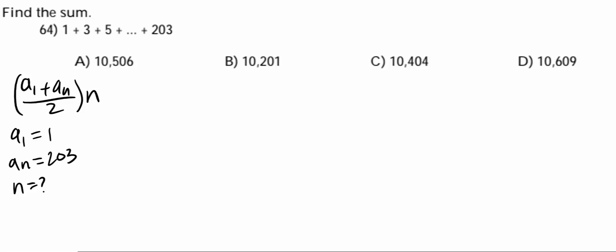So on the right hand side, let's go ahead and write a sub n equals a sub 1 plus n minus 1 times d. Now here we can say we have 203 equals 1 plus n minus 1 times d.